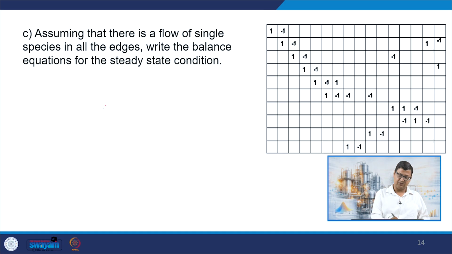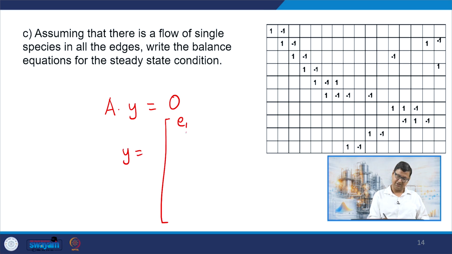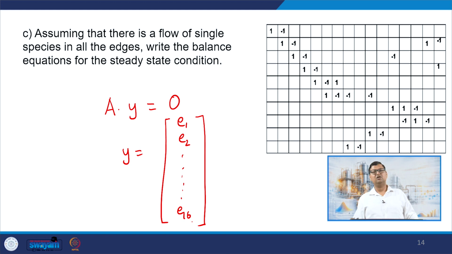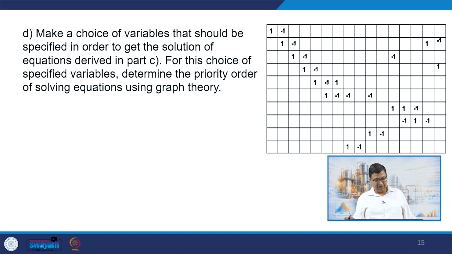So the balance equation for the steady state case is given as A dot y equal to 0, where y is my column vector containing all the edges including interfaces E1 to E16. I will not write all the balance equations, but we have done that before, right? And finally, we have already figured out the priority order for solving the equations as we have seen.